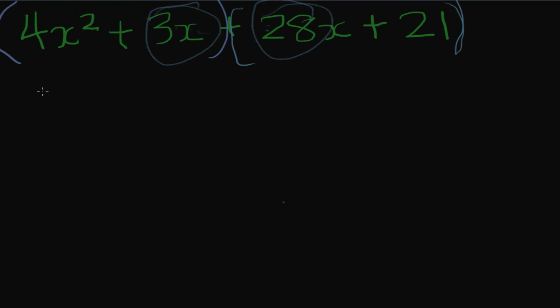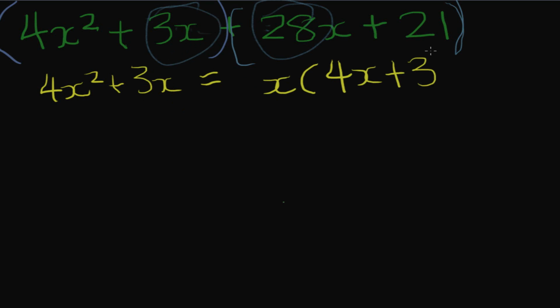So if we look at 4x squared plus 3x, the common factor in it is only x, so we can say that is x times (4x plus 3). Yep, so we've got x(4x plus 3). Now we look over to the 28x plus 21.